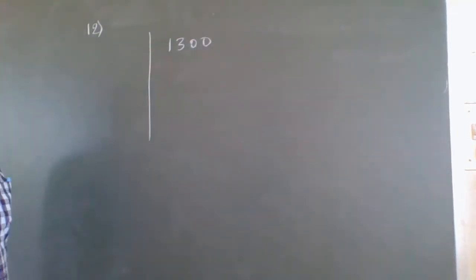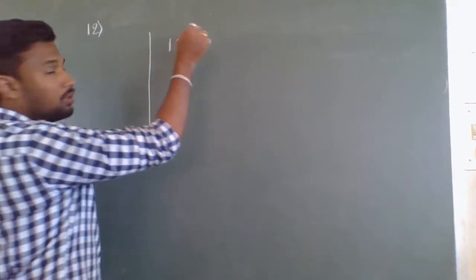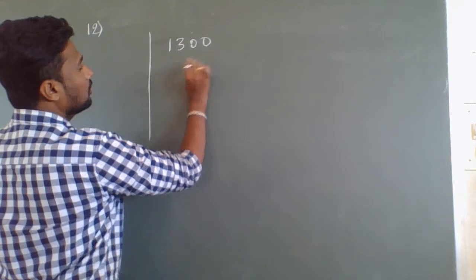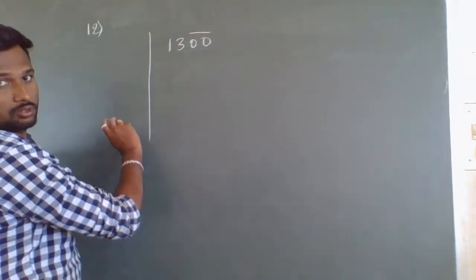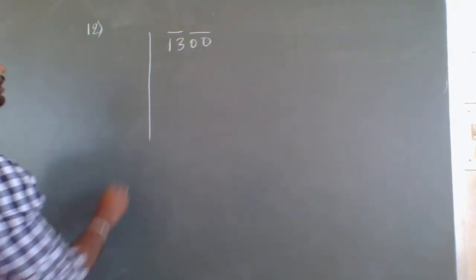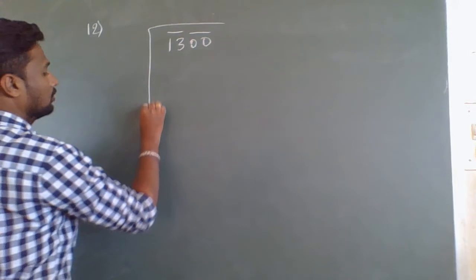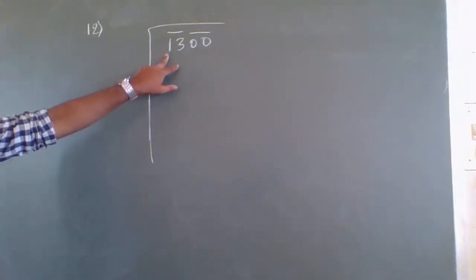Now in the division method, we will make groups of two digits from the units place. So first we will make a group of two zeros, and here 1 and 3. First we got 13.